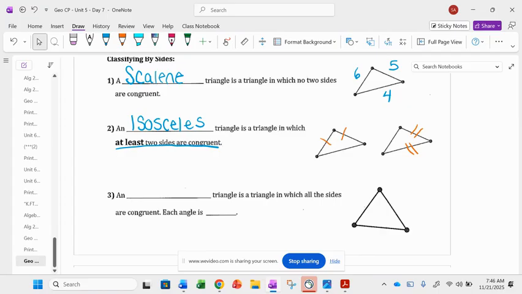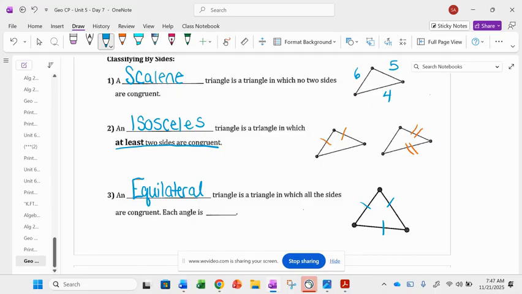Does anybody know what it is, Noah? You got it. An equilateral triangle is a triangle in which all the sides are congruent. And now something you don't know.